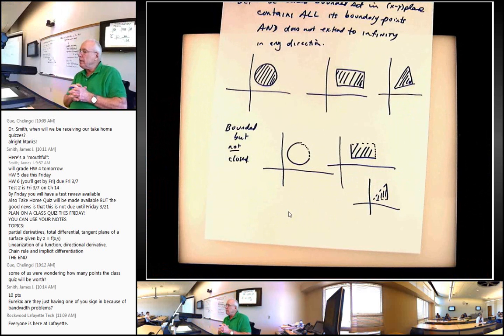So what's the deal? Why do we demand that it be closed and bounded? Well, if our set in XY is closed and bounded, then our function that's defined on that will have an absolute biggest value and an absolute smallest value on that set of XYs, right?